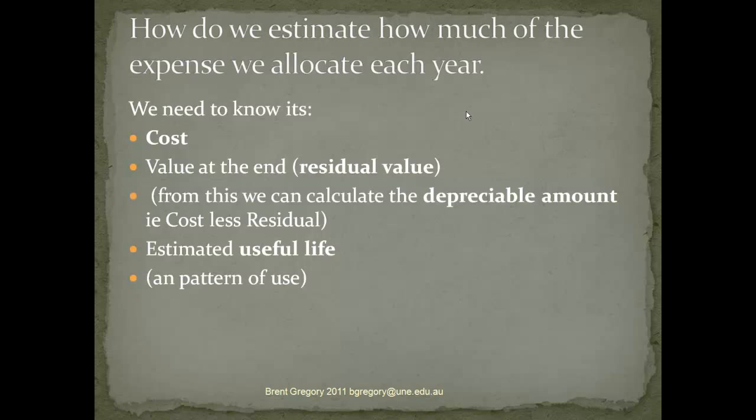And we need to have estimated what the useful life of this particular asset is. We will find that later we also need to understand the pattern of use, and this will help us determine which depreciation method we use. We will look at this in more detail in a later video.